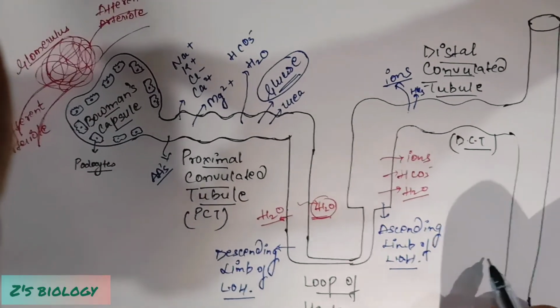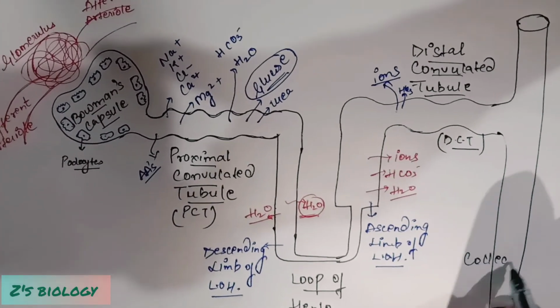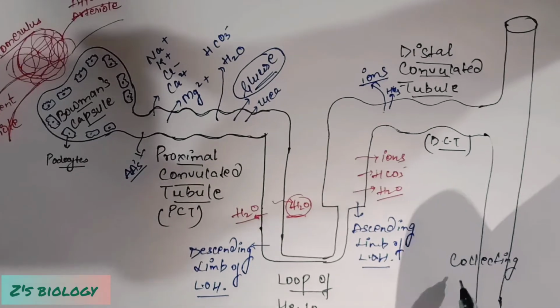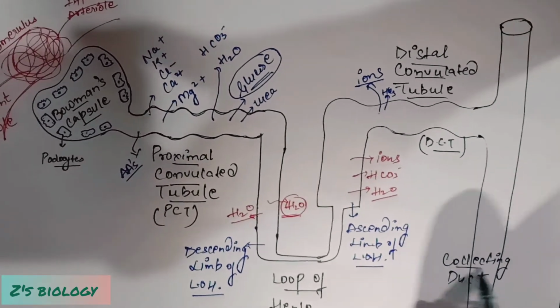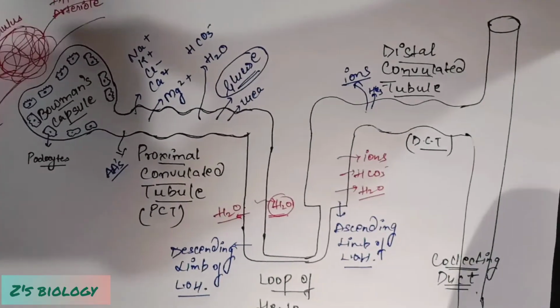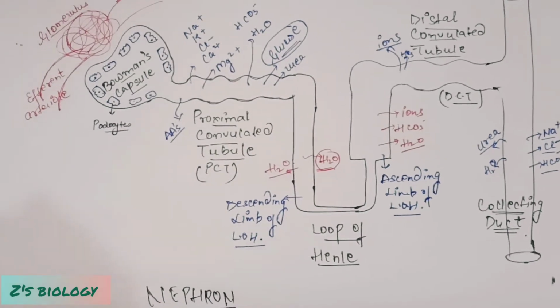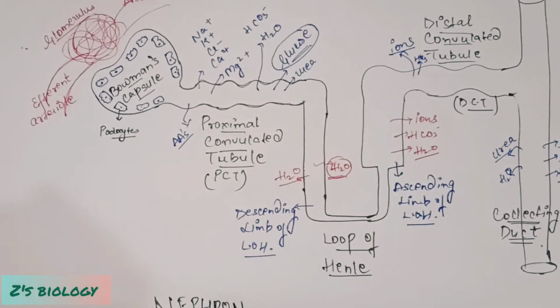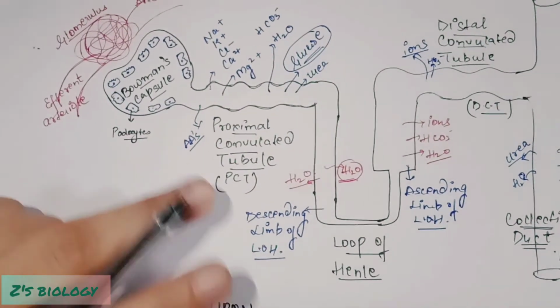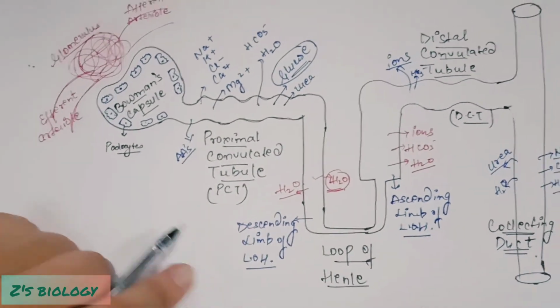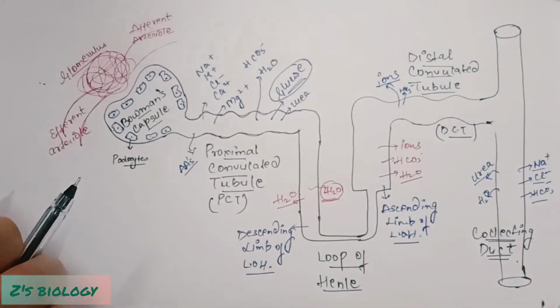Urine formation is a blood cleansing function, and normally a person produces about 1 to 1.5 liters per day, that is 1500 ml per day, of urine.